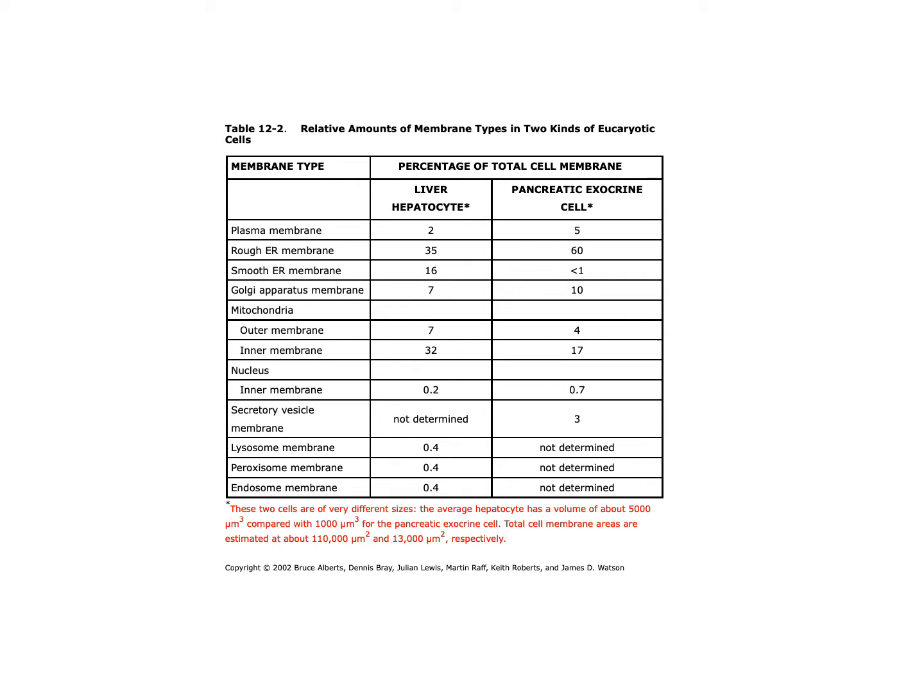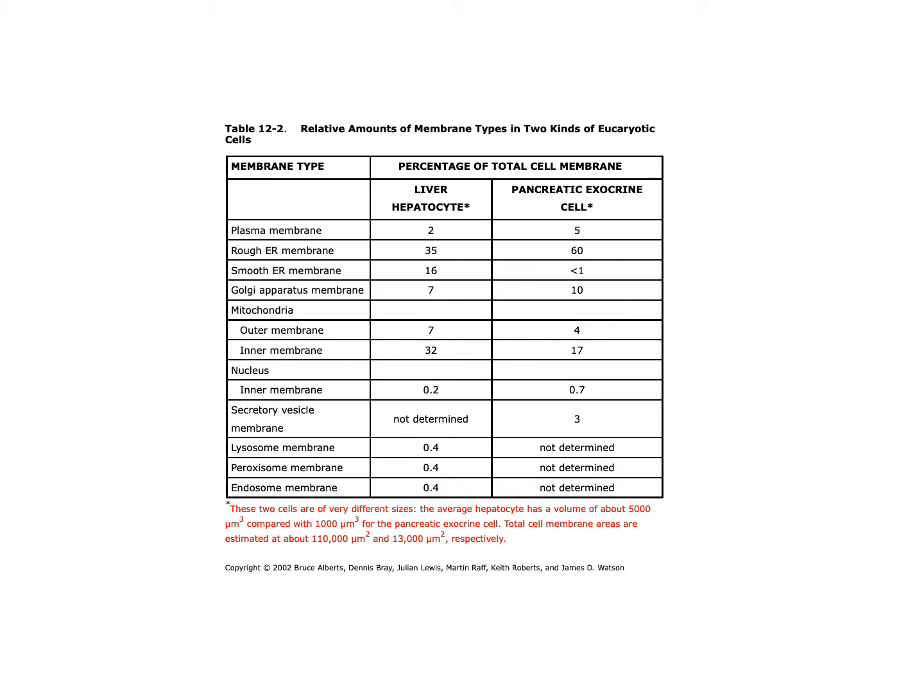And now we're looking at the amount of membrane that goes into each of these organelles. And we see with the plasma membrane or cellular membrane, a little bit more in the pancreas, but the big difference is in the rough ER, and that's where secreted proteins are synthesized.